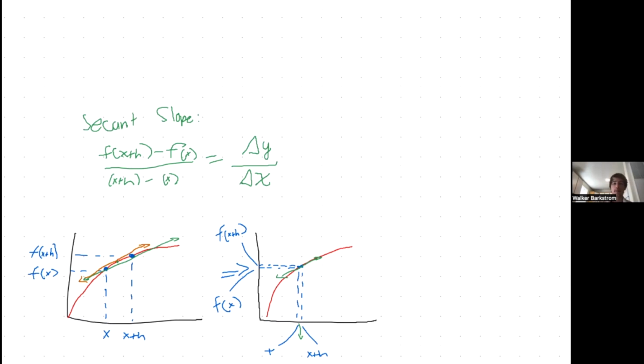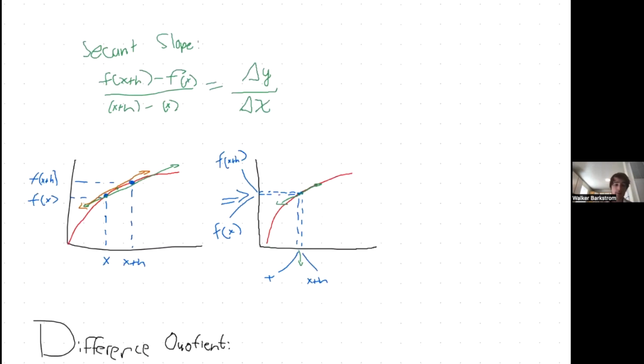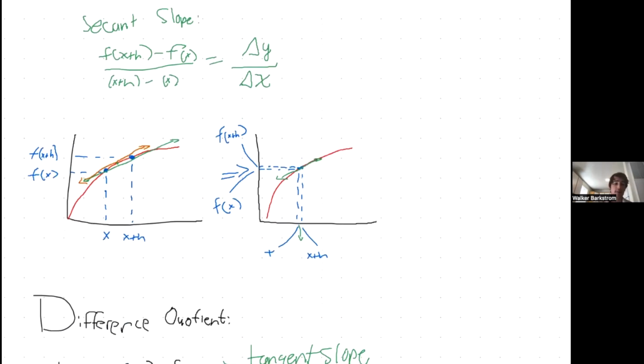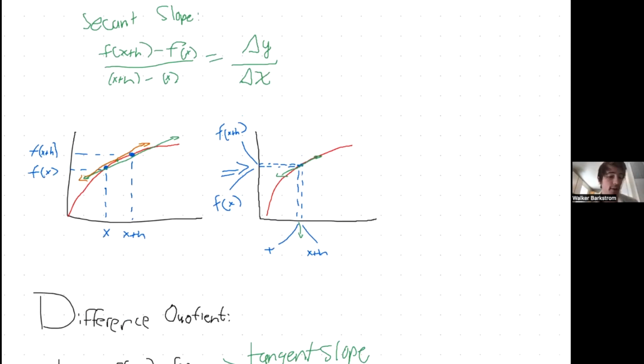The tangent slope of a function is basically just the secant slope as this value h approaches 0. Effectively, that gives us the formula for the rate of change, or the slope, of a curve.